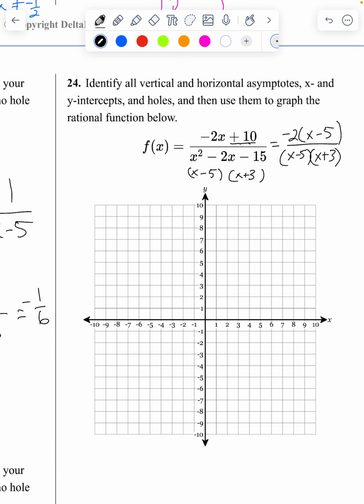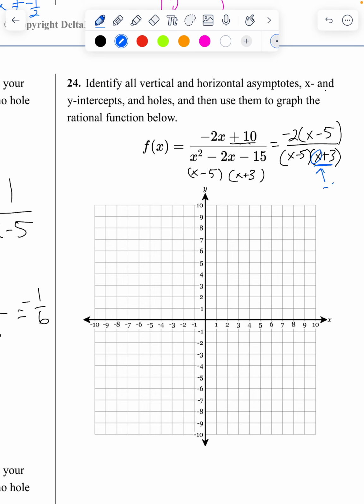It says identify all vertical and horizontal asymptotes and x and y intercepts and holes. The first thing I'm going to do is look at vertical asymptotes. I do see that the x minus 5 is going to cancel, but right here, this won't cancel.